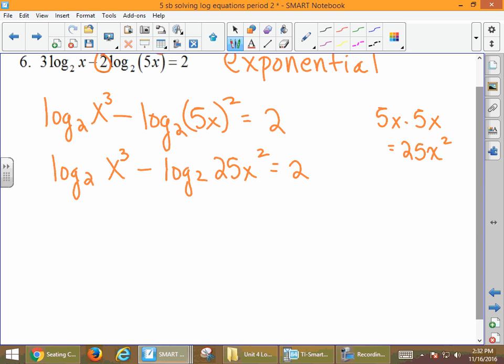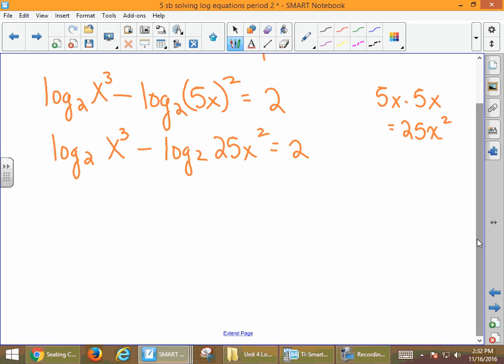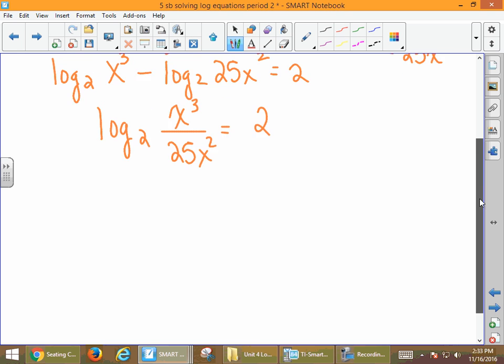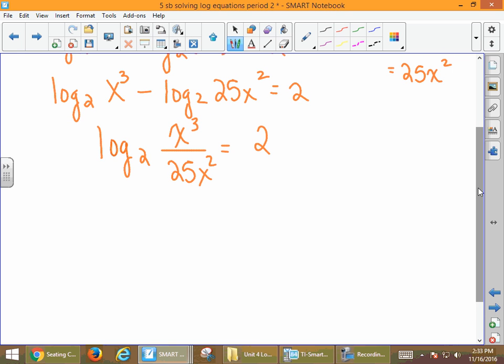Well, we still haven't condensed it down into a single logarithm there on the left side. So we see that we have a minus in this problem. And what happens then is we can condense it into a single logarithm of x cubed divided by 25x squared. And then we're going to convert it into an exponential.